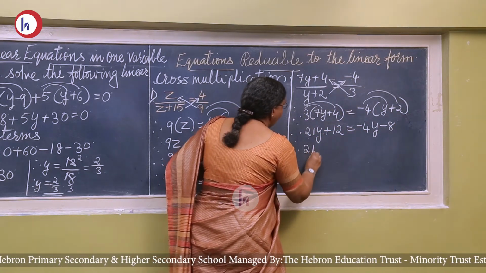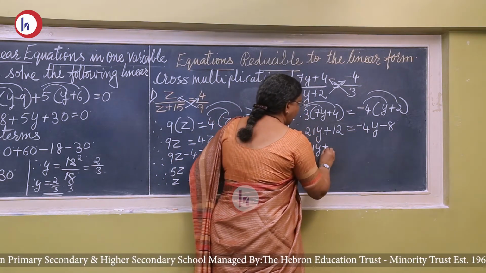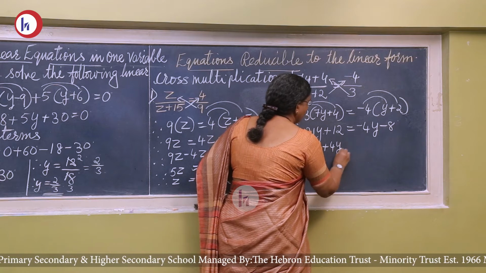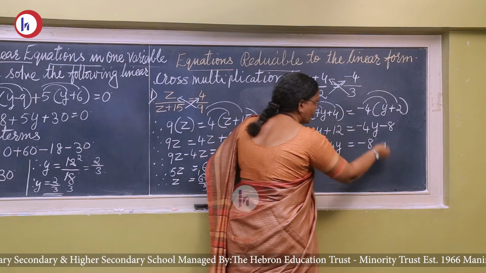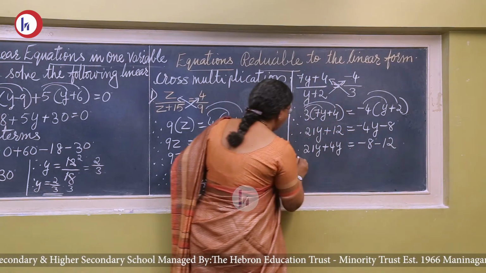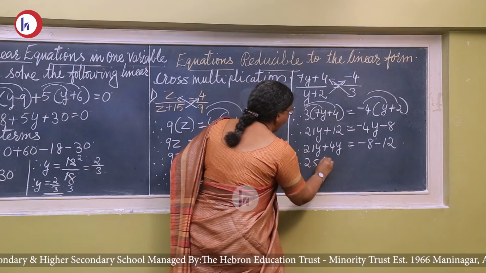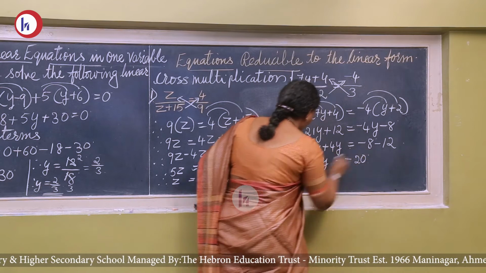Therefore, 21y, when minus 4y comes here, becomes plus 4y, is equal to minus 8, and plus 12, when it goes to the other side of the equal sign, will become minus. Therefore, 25y is equal to minus 20.